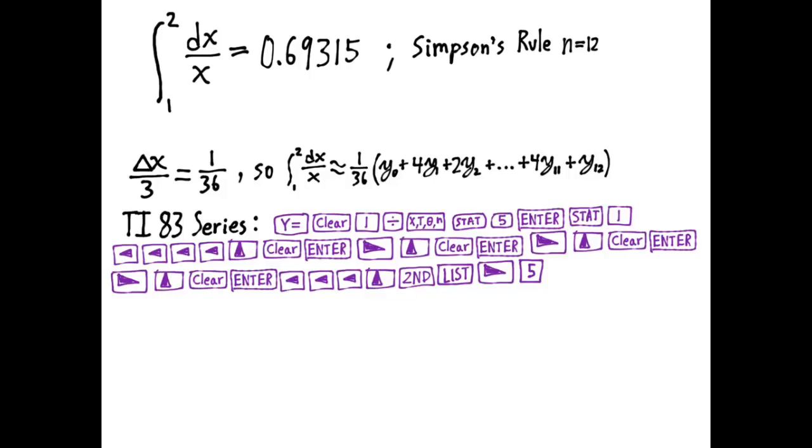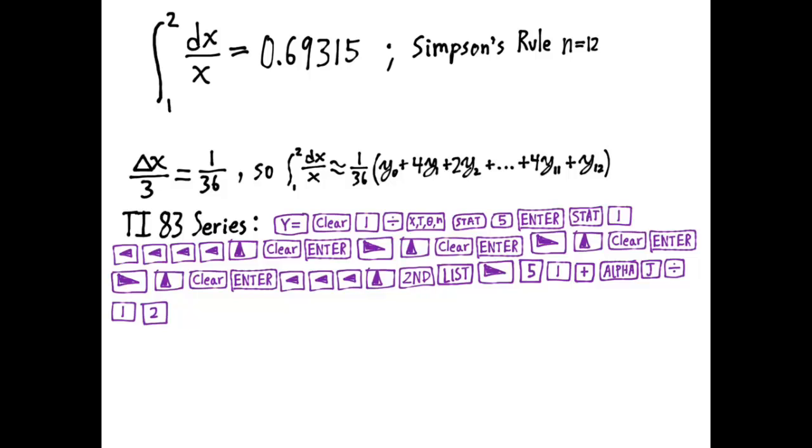Option 5 is sequence. Sequence is going to generate a sequence. And the sequence we want is 1 plus j divided by 12. So first hit those keys, 1 plus j, it's over the comma, divided by 12.